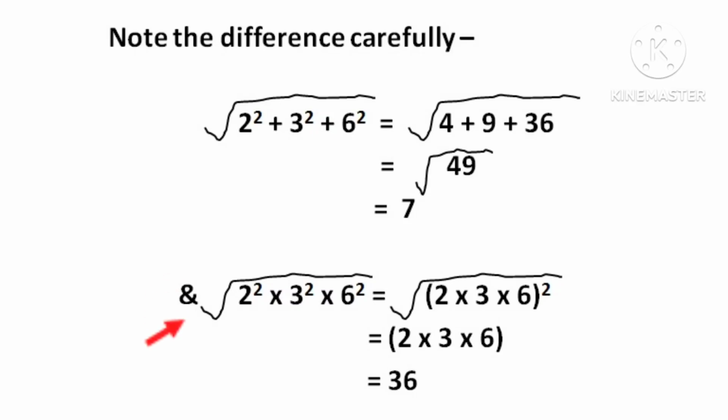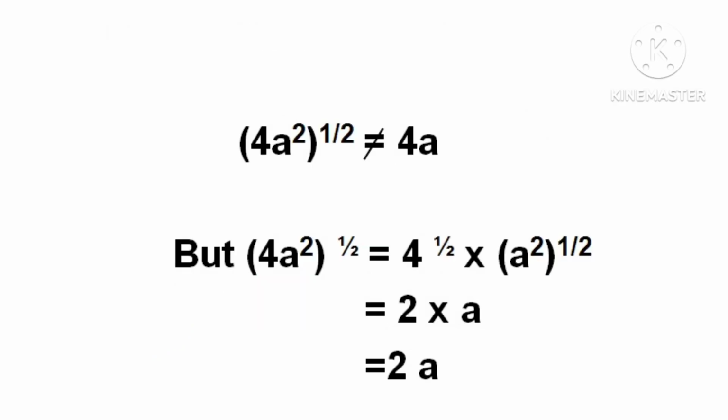Square root of 2 square multiplied by 3 square multiplied by 6 square is equal to 2 multiplied by 3 multiplied by 6, that is equal to 36. Be careful, 4a square raised to 1/2 is not equal to 4a, but it is 4 raised to half multiplied by a square raised to half.